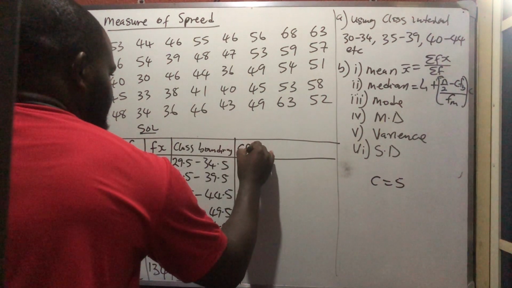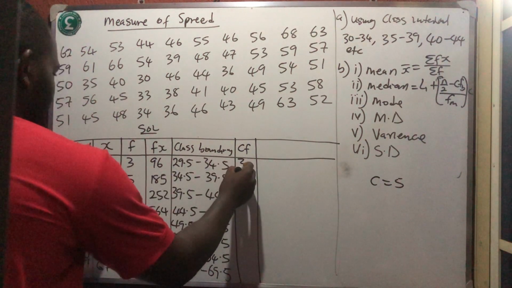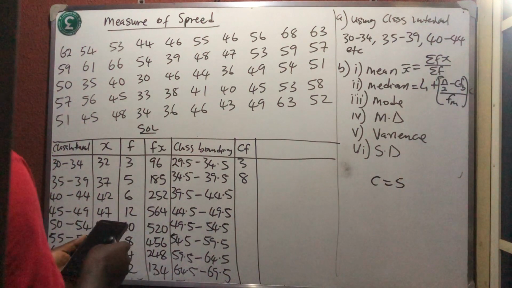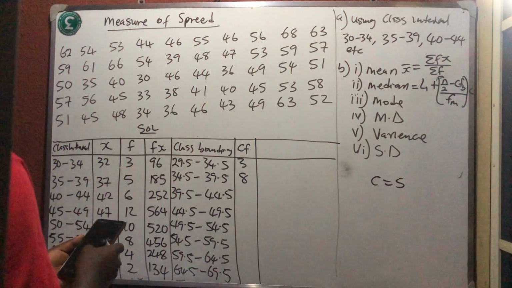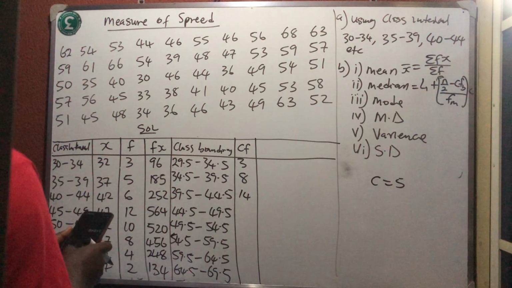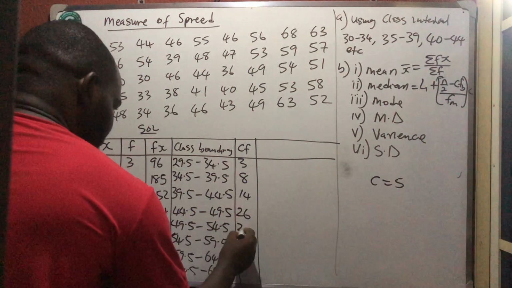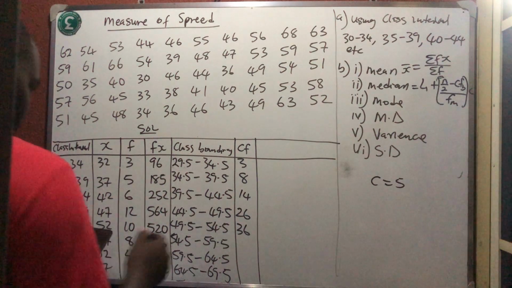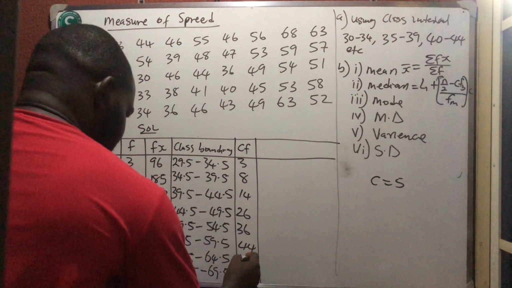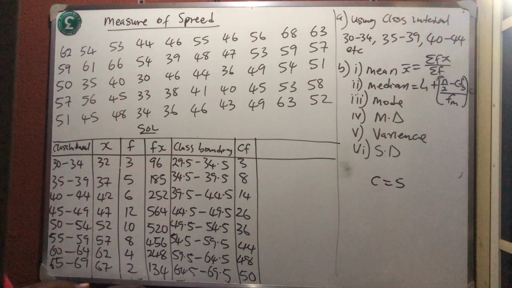It will be 0 plus 3, 3; 3 plus 5, 8; 8 plus 6, 14; 14 plus 12, 26; 26 plus 10, 36; 36 plus 8, 44; 44 plus 4, 48. Then finally I have 50. This is my cumulative frequency. Is there another thing I need?